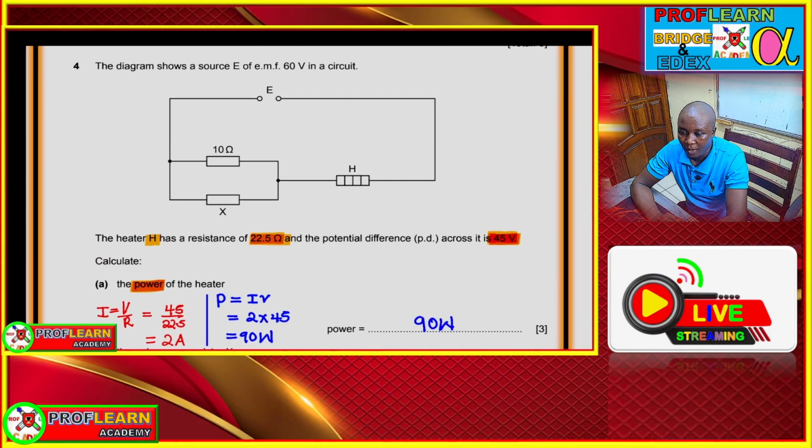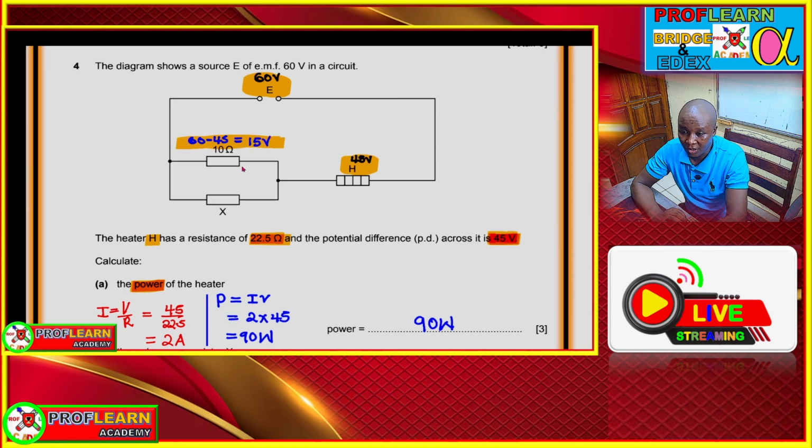Moving to the next part, remember here we have a potential difference of 45, but the EMF of the cell was 60. So what's the potential difference across this section here? This is going to be 60 minus 45, and that's going to be 15 volts.